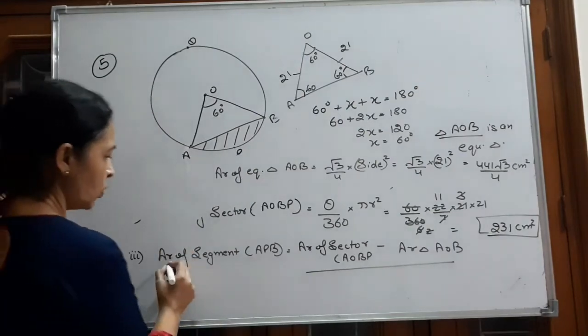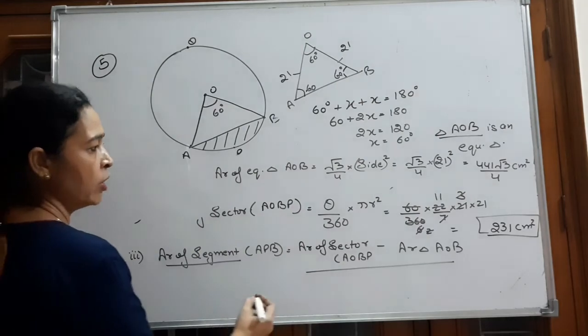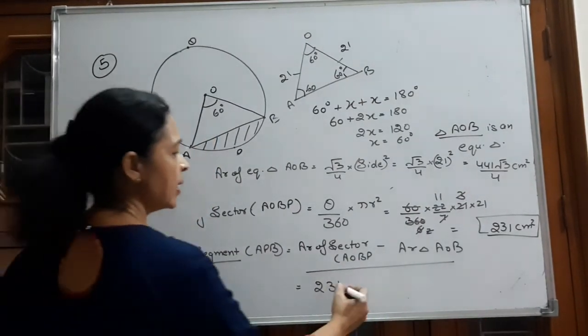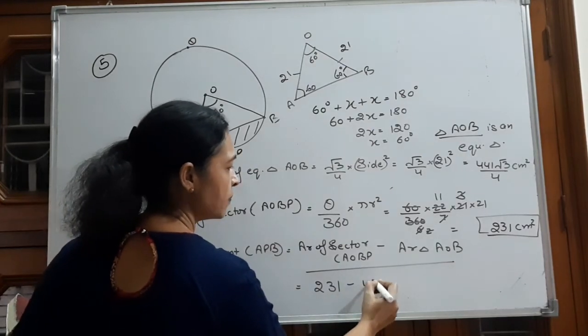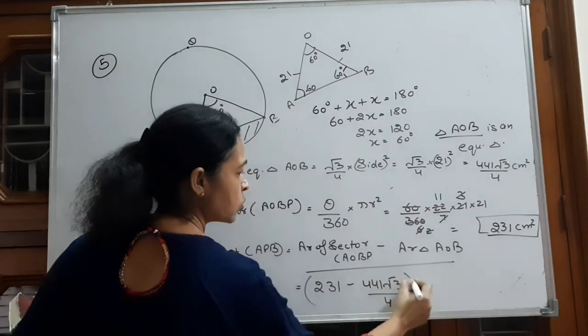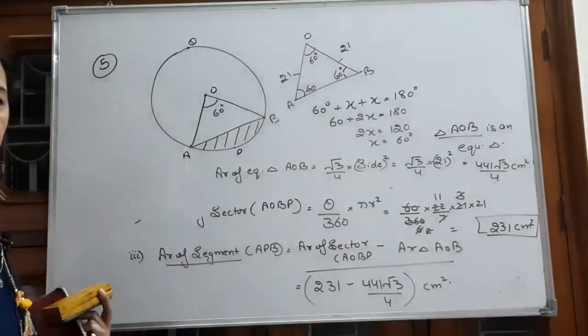Clear? Now, what do we have to find? The area of the segment. The area of the segment will be the area of the sector, that was 231 centimeter square, minus the area of triangle AOB, that is 441 root 3 by 4. This whole will be our answer. That is the area of the segment. Clear?